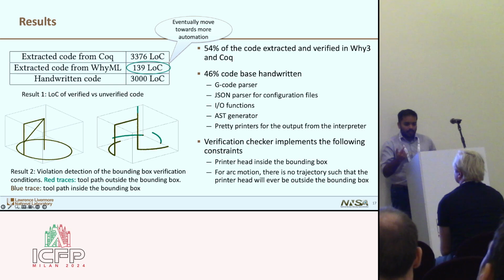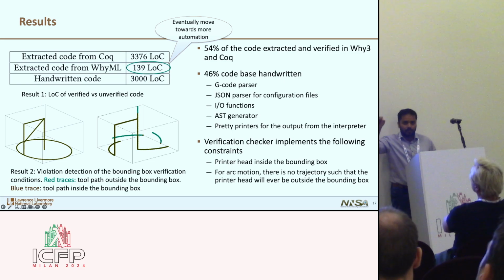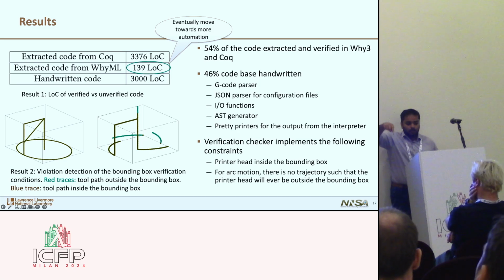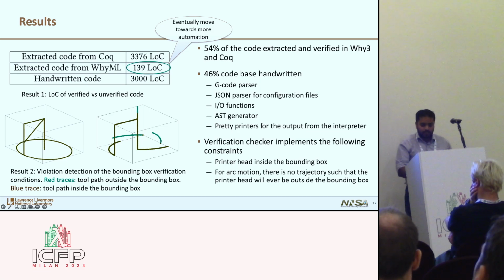For the violation, somewhere inside the G-code we inserted G91, which changes the motion from absolute to relative mode, and therefore after that G91 instruction, all the motions were done with respect to a relative frame of reference, and the coordinate updates due to that led the arc to go outside the bounding box, which is highlighted using this red trace. The red trace essentially shows the toolpath that is outside the bounding box. In this way, we have tested some of the G-codes for violation check detection.